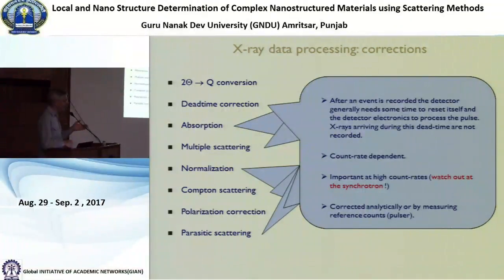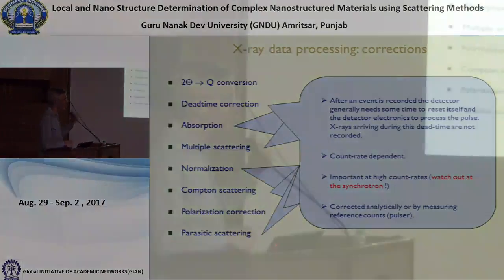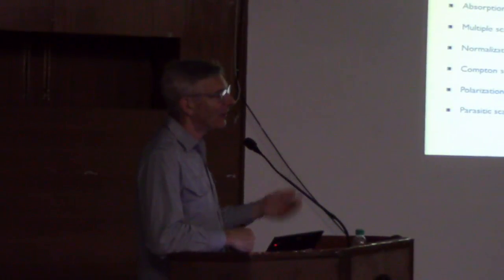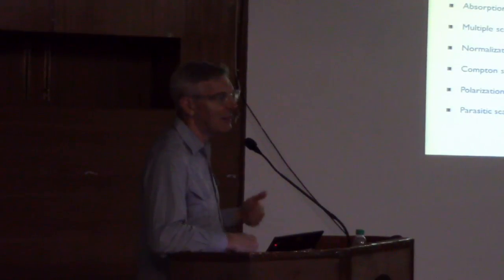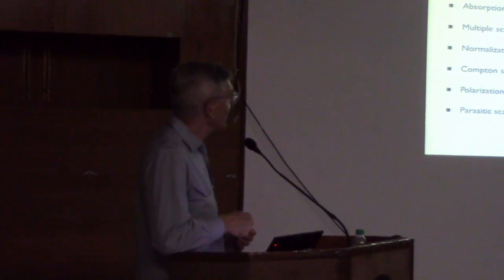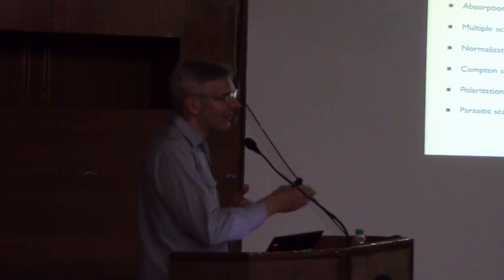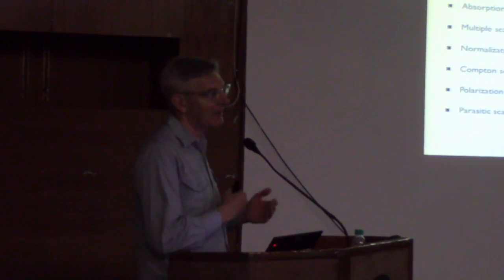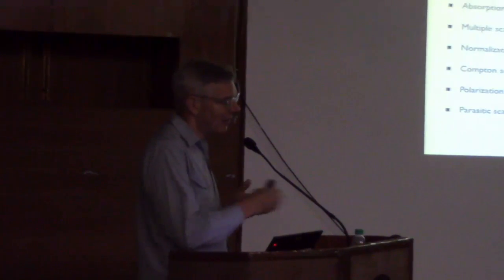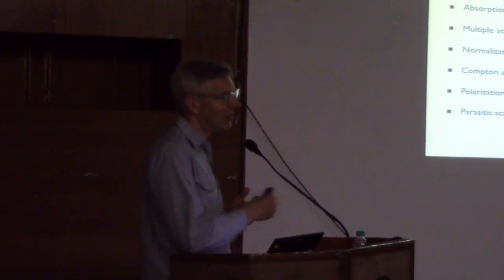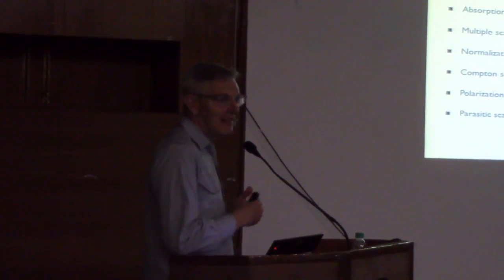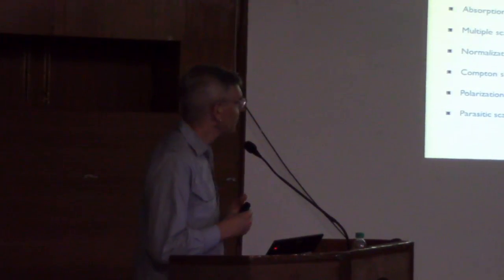Your Bragg peaks are very high intensity. It means the photons are coming very fast at those angles, which means proportionally more of the photons are not being counted because of this dead time problem. So this is a correction which depends on the intensity. The best way to deal with dead time is to not saturate your detector, not put too much intensity onto your detector.